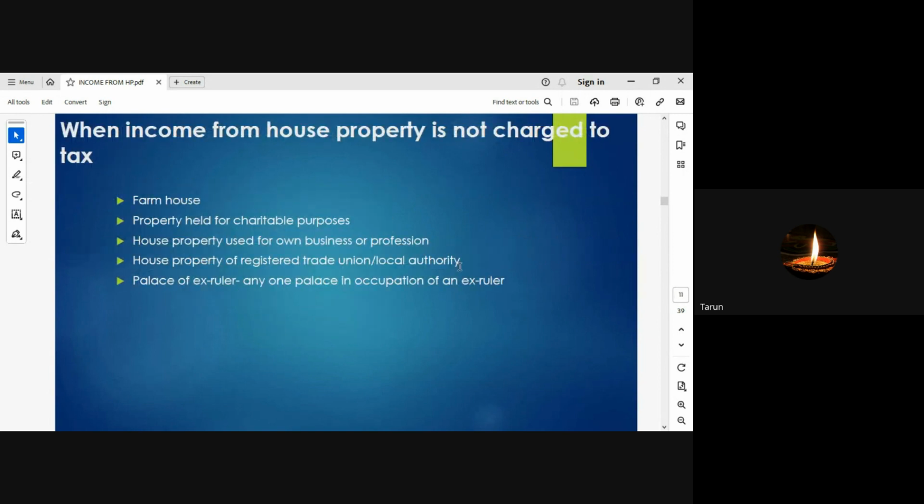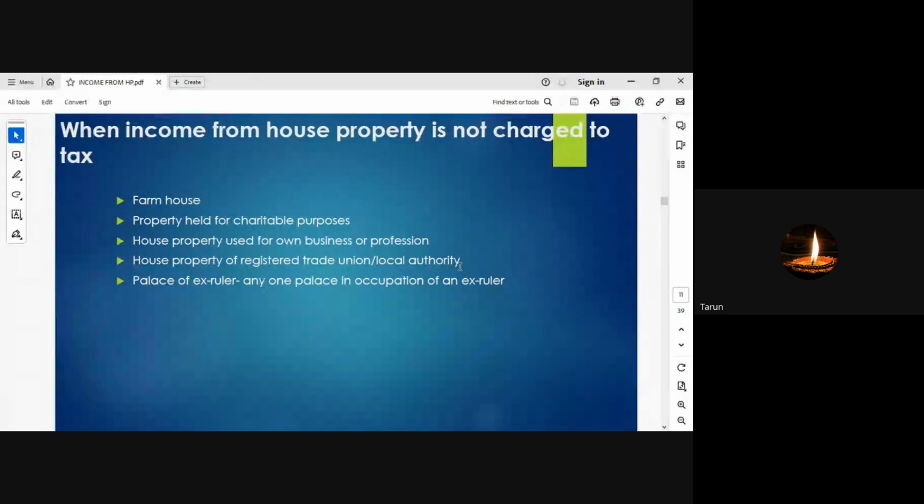Now, these are the various cases of income from house property which are not taxable at all under section 22. First, a farmhouse. It is a practical as well as theoretical question whether a farmhouse is taxable or not.